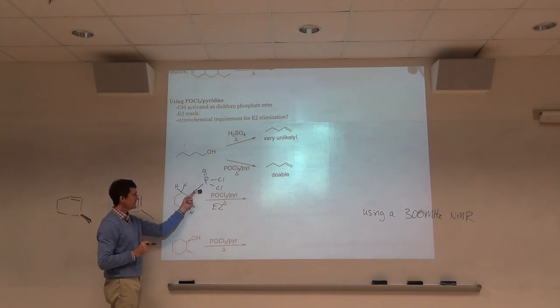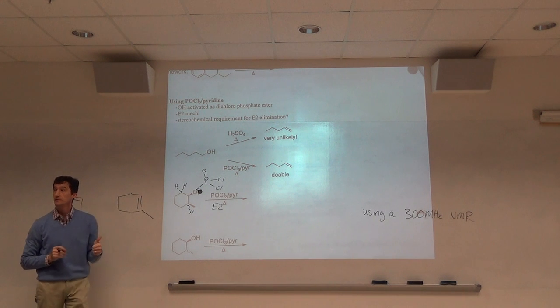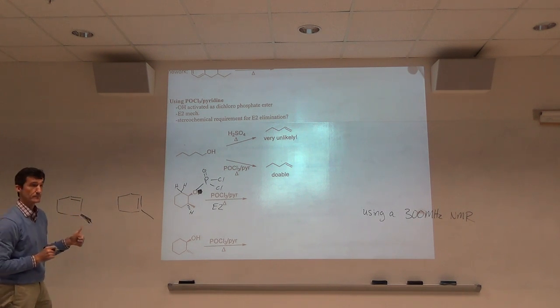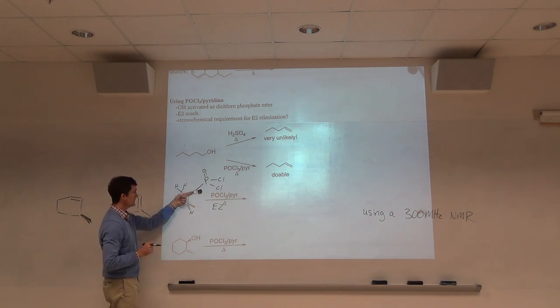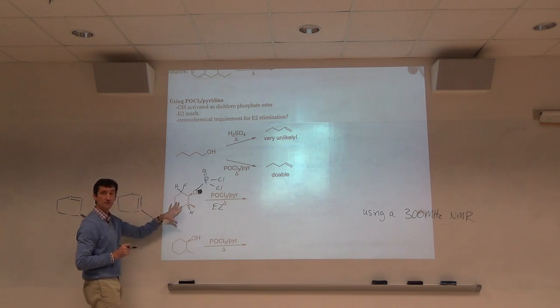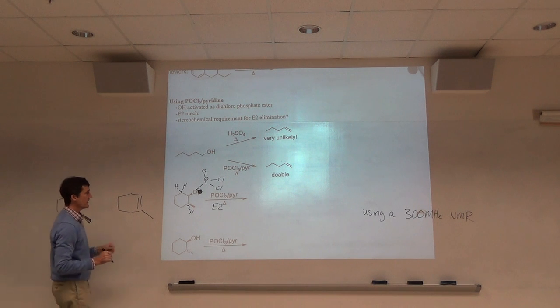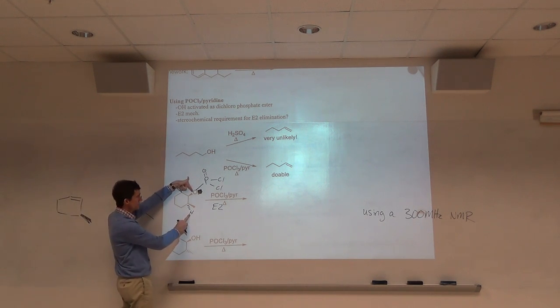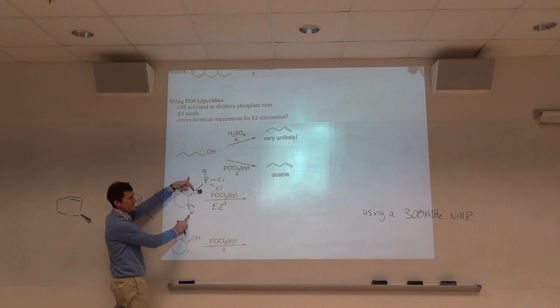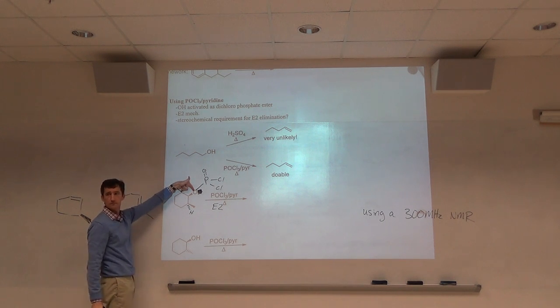Is that H and this leaving group, first off, trans? Yes, they're trans. This is a dashed H, that's a bold O. They're trans on the ring. It's easy to see in rings. And actually with a ring, that's all you need is trans, because they will be coplanar if you do a chair conformation. By the way, for these to be coplanar, does the leaving group need to be axial or equatorial?